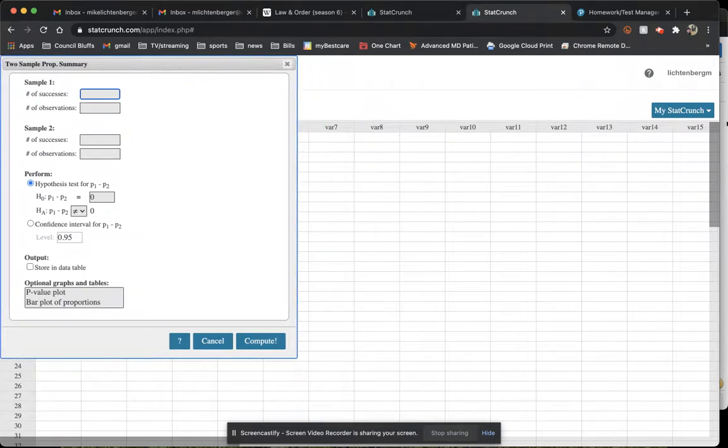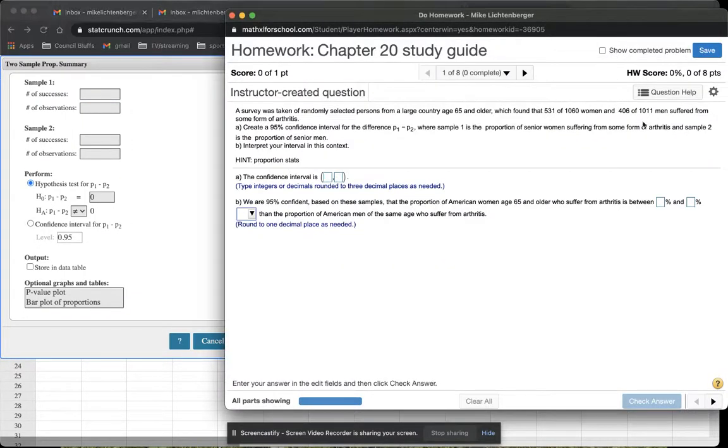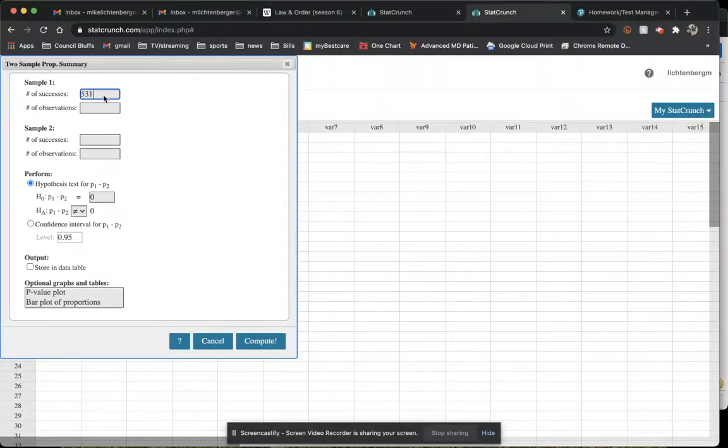Okay, so we're going to put that information in here. So remember, sample 1 is for women. So that's going to be 531 out of 1060.